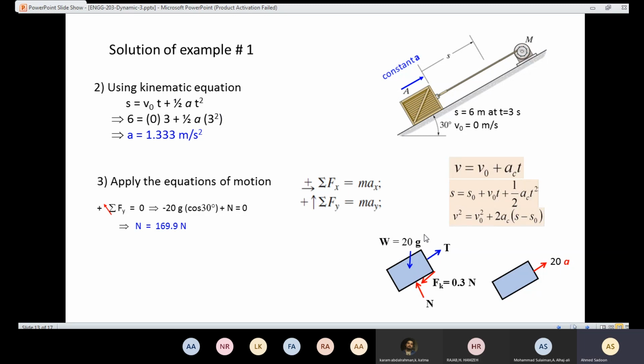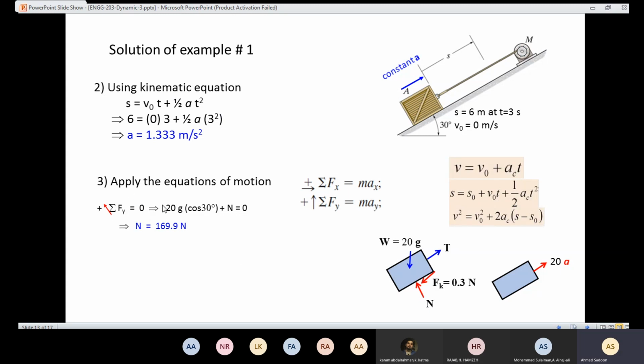We need to decompose the weight into X and into Y. Since this angle here is 30, that means the angle here also is going to be 30. So in this axis Y, the component of the weight is going to be down and is going to be 20 g cosine 30. And in Y here, I have the normal force.